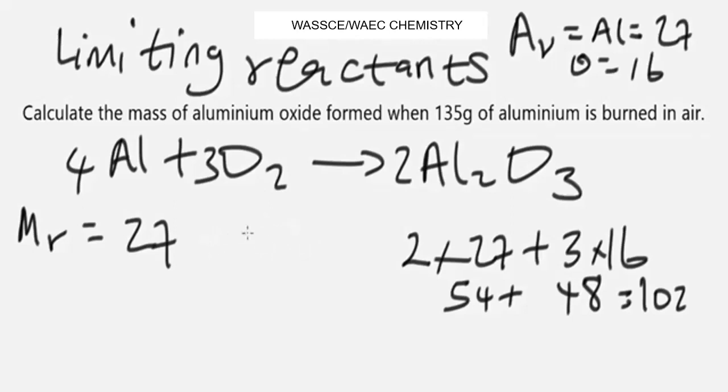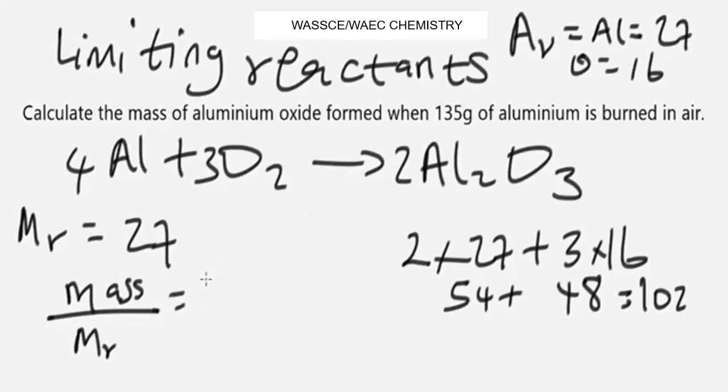Now, the next thing we are going to do will be to calculate the number of moles of aluminium in 135 gram. Remember the formula for number of moles is mass over relative formula mass or molar mass.